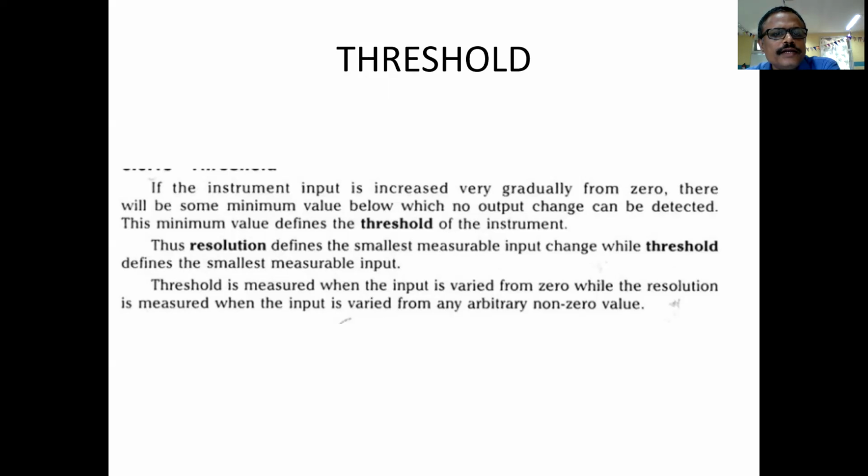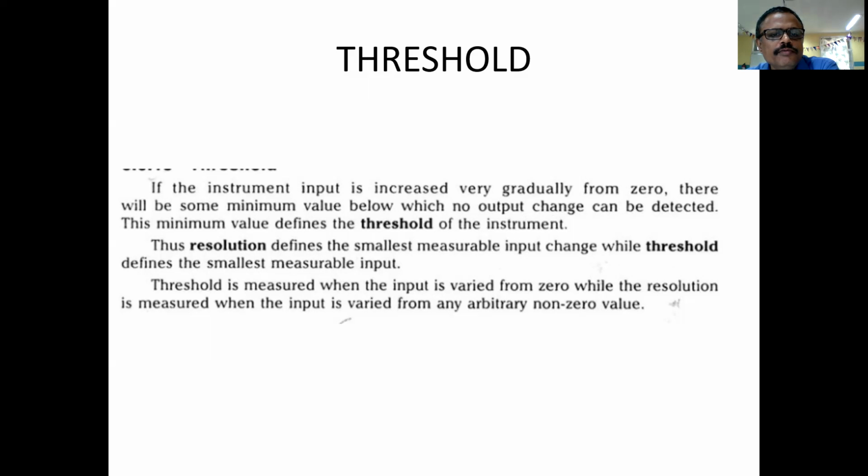Now, another important characteristic of the measuring instrument is the threshold. Threshold is, if the instrument input is increased very gradually from 0, there will be some minimum value below which no output change can be detected.